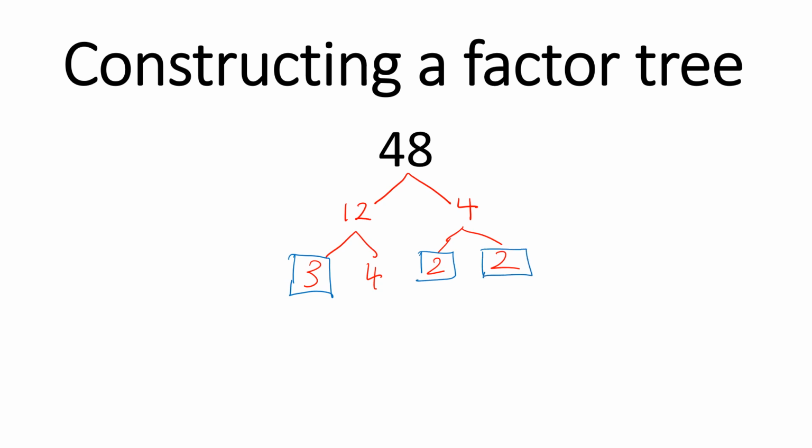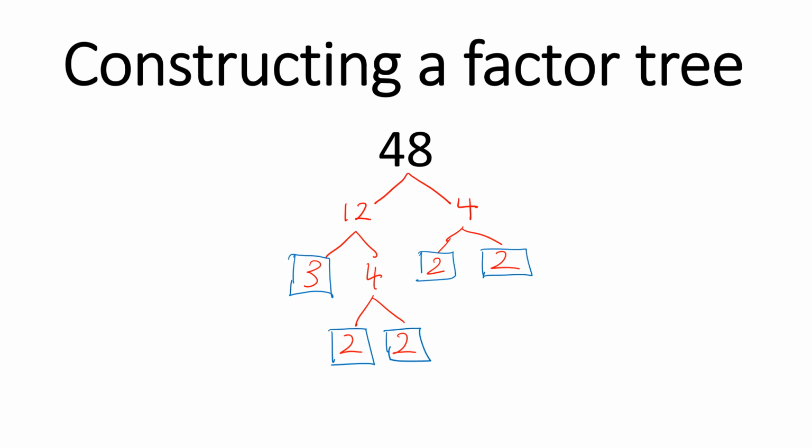And we just have one number now that doesn't have a box around it, and that's the 4. So which numbers multiply together to equal 4? 2 and 2. And then they're prime numbers, so we put boxes around them. And that's it. I have all of the numbers at the bottom of my tree now have boxes around them. So I have all of my prime numbers.